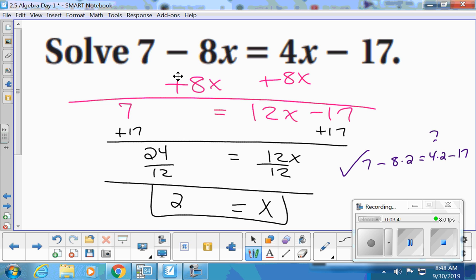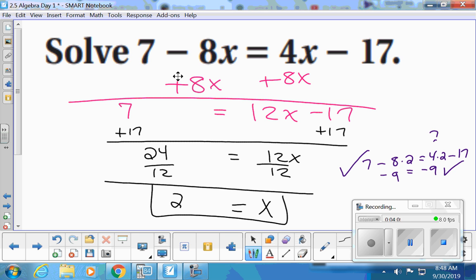Can you do 7 minus 16 in your head? Negative 9. And then 8 minus 17. What's 8 minus 17? So that means we did it right. And I do another check mark to show we did it right. So you don't have to check all of them, but it's definitely a good recommended strategy if you're doing a quiz and you get done early. There's no prize for turning in your quiz first, is there? So check your answers.